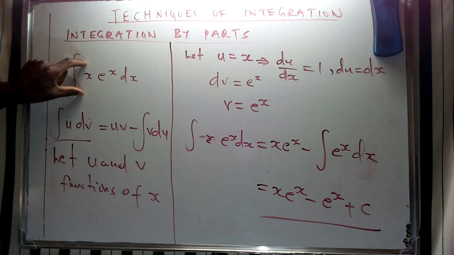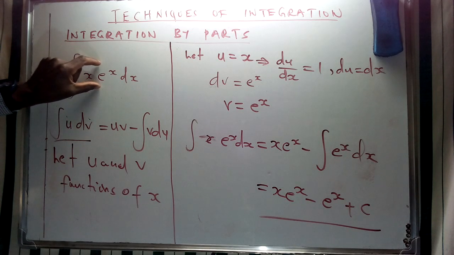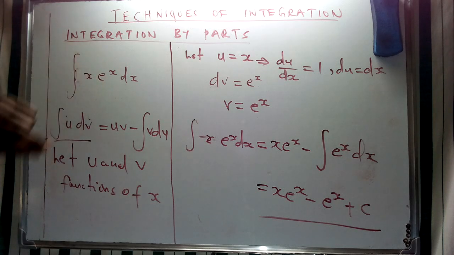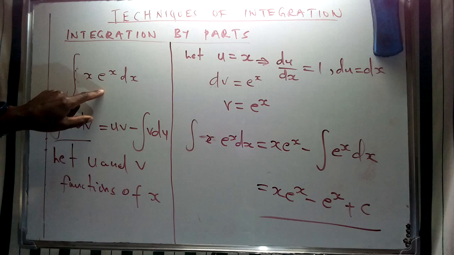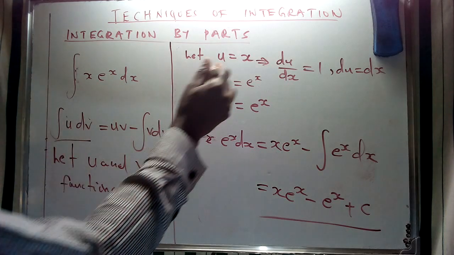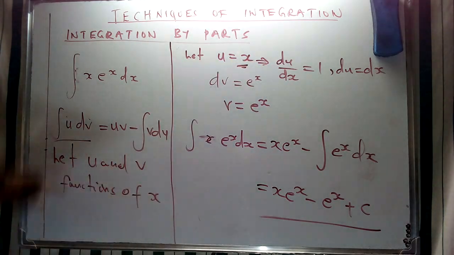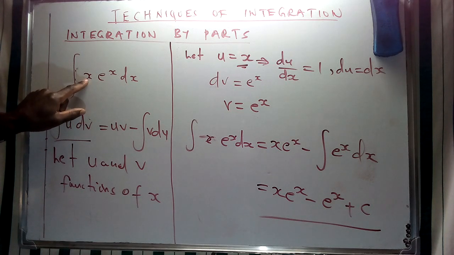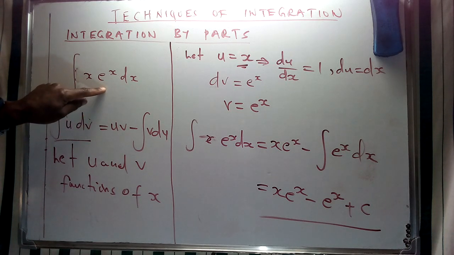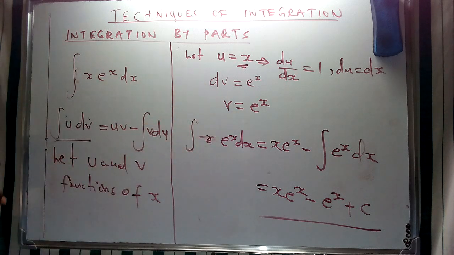Now, if I compare x and the exponent of x, e^x, then e^x is going to be the rather complex part. So therefore, I'm going to let u represent the simpler part of this integral, and dv, or rather v, represent the complex part of this integrand.